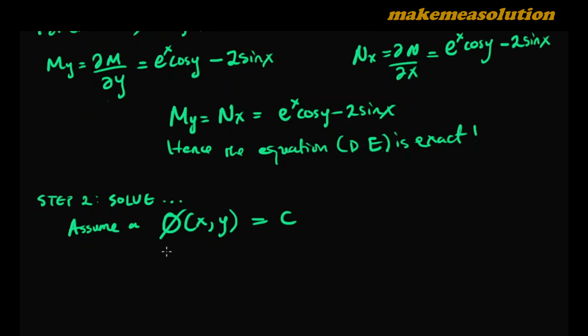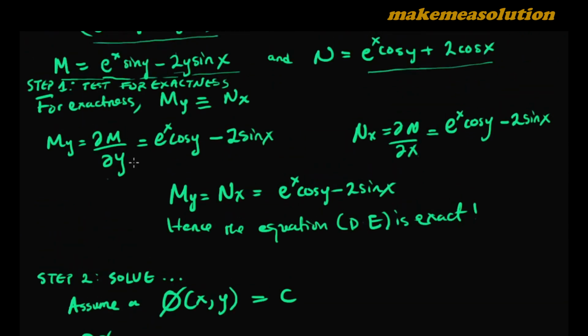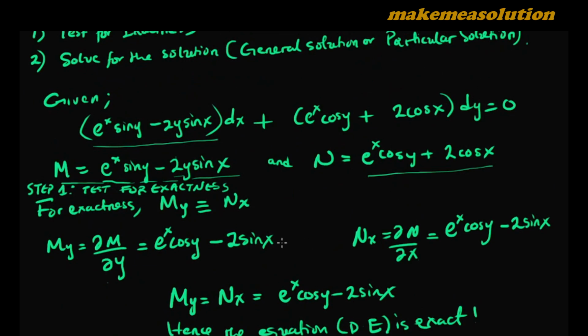Now, part of what I established in the previous video is that this phi of x comma y is a multivariable function and it satisfies this particular condition. When you differentiate phi with respect to x, you're going to get M. Yes, this same M that we have over here. And when you differentiate this phi with respect to y, you're going to have N, and yes, of course, the same N that you have over here.